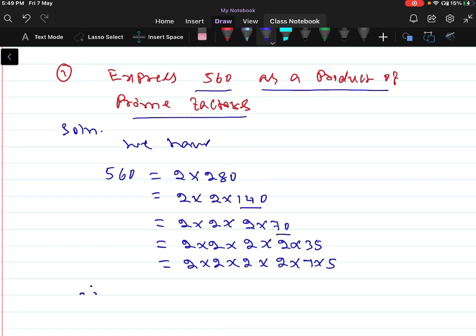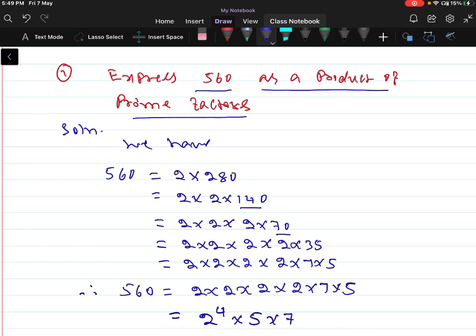Therefore 560 is 2 into 2 into 2 into 2 into 7 into 5, which is equal to 2 to the power of 4 into 5 into 7.